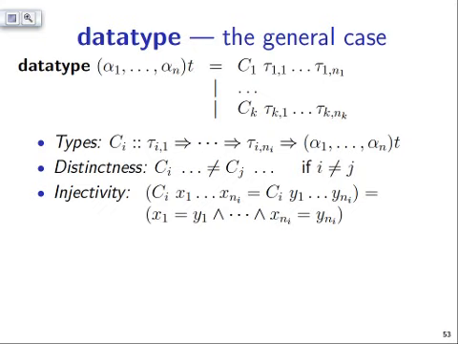So if the Ci is not a constructor, for example, assume the Ci is the addition function on natural numbers, then this would simply be wrong, because x1 plus x2 being the same as y1 plus y2 does certainly not imply that x1 is the same as y1 and x2 is the same as y2.